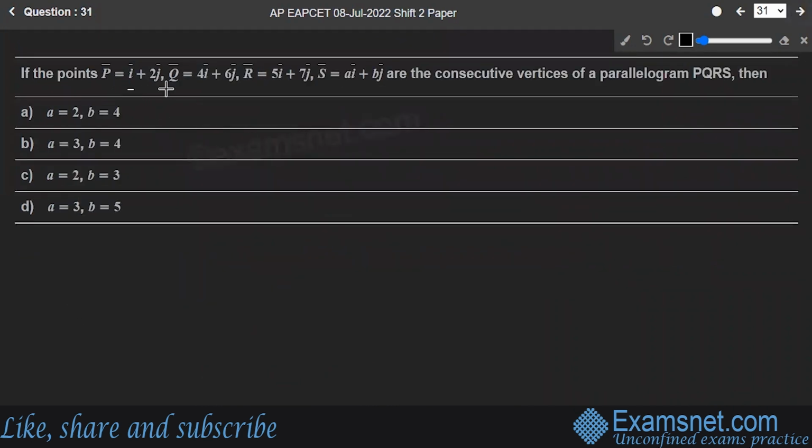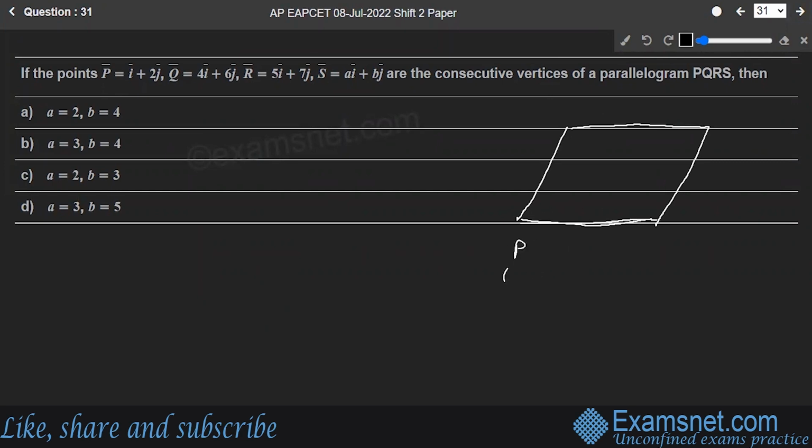If the points P and Q and R and S, these are the 4 points. This is first point P. This is point Q, R and S. They are consecutive vertices of the parallelogram PQRS. Let's make that parallelogram.